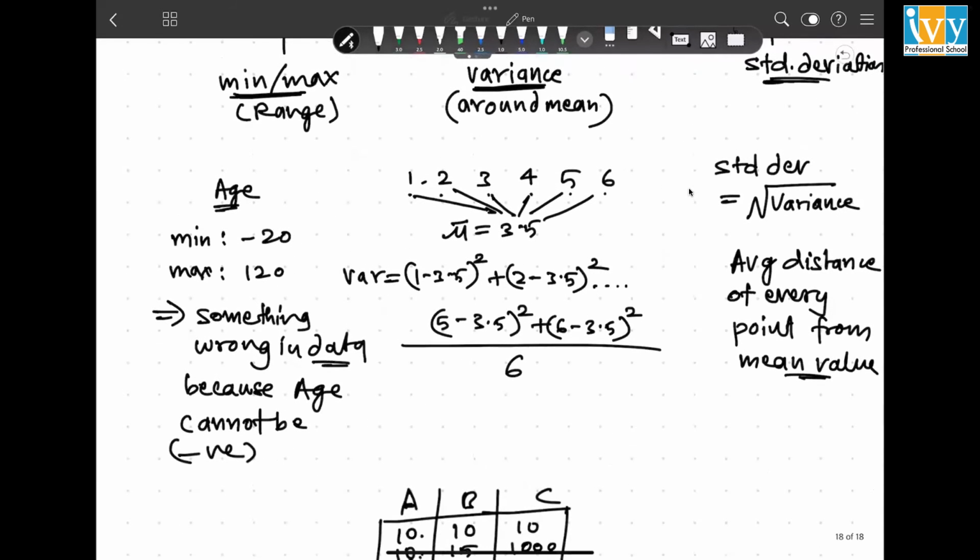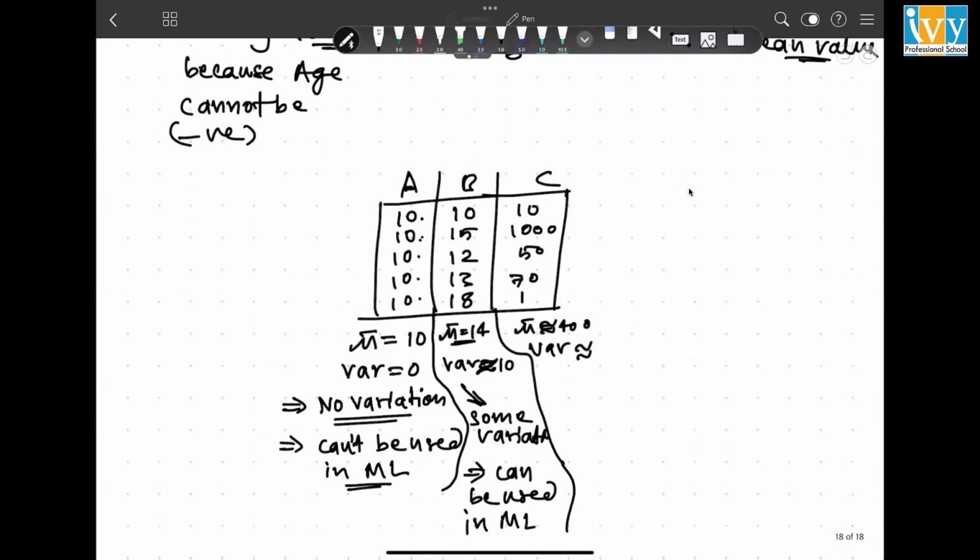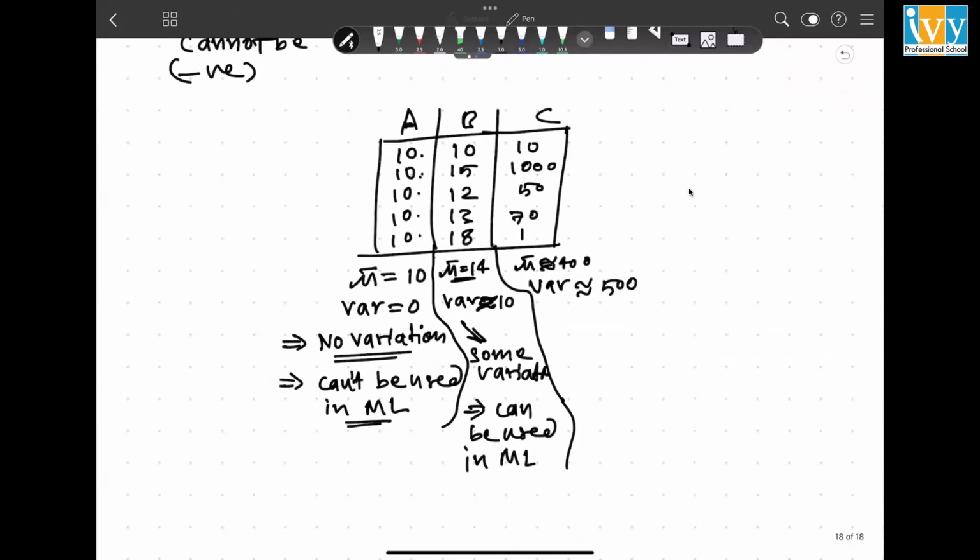For example, if this 6 was 600, the mean value will also be somewhere around 100. So 1 minus 100, 2 minus 100, 3 minus 100. The whole variance calculation will explode. So if you have a lot of different values and outliers especially, then the variance will increase. Let's say over here the variance was roughly 500. This type of data has too much variance.